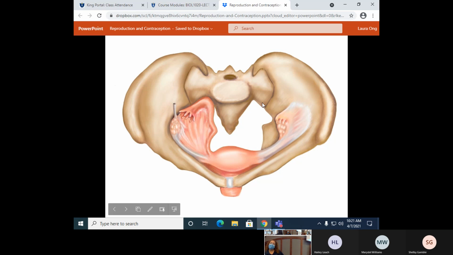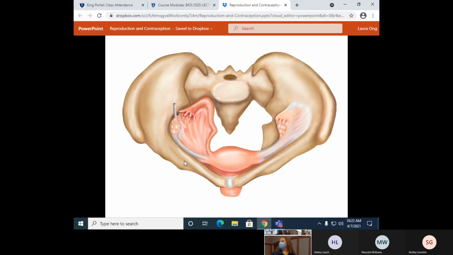The other important things on here that I want you to note are these white structures. So there's one here, here, and these are not on your lab guide for you to learn as named structures, but these white things and this white tissue are ligaments and connective tissue. And what these really are doing is somewhat keeping the ovaries and the uterus and the fallopian tubes from just drifting around in the pelvic cavity.